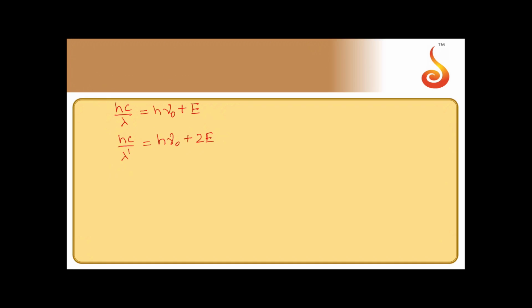So from this equation you can write hc by lambda minus E is equal to h nu naught. Similarly from this you can write hc by lambda dash minus 2E is equal to h nu naught.